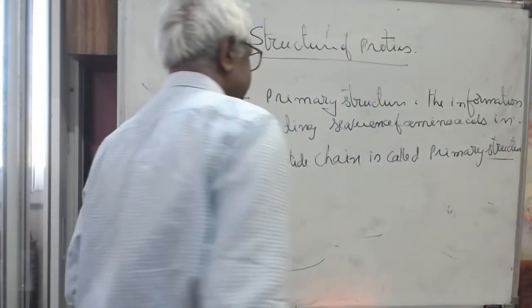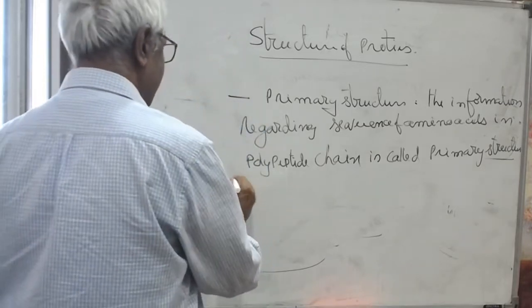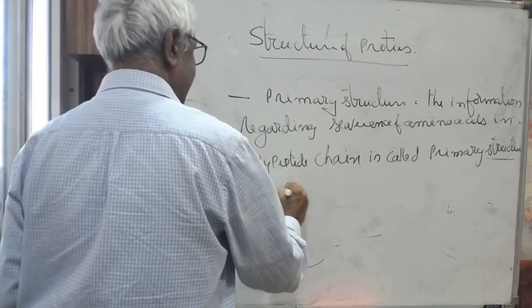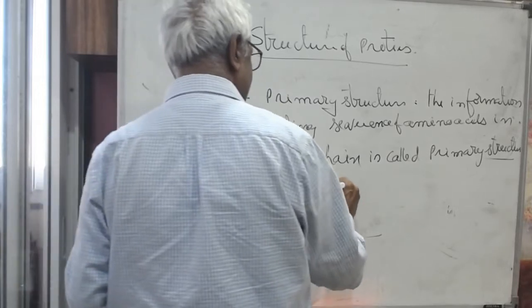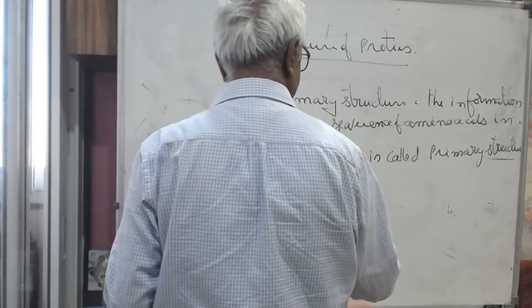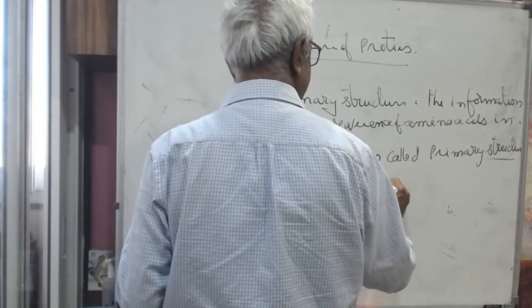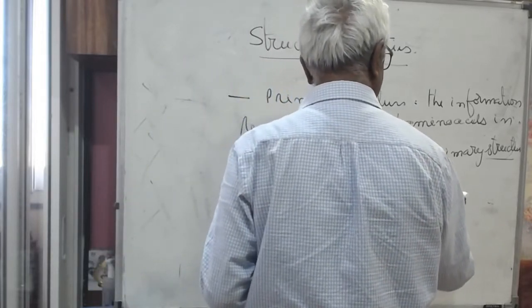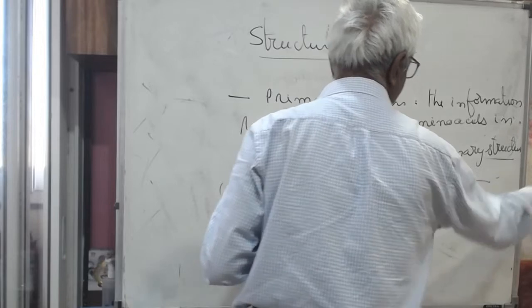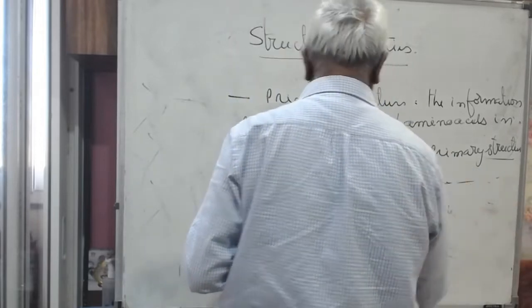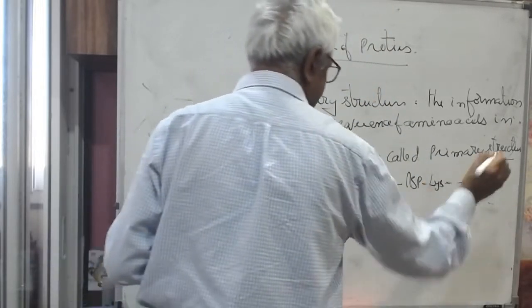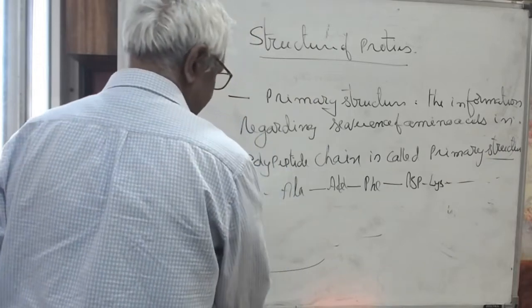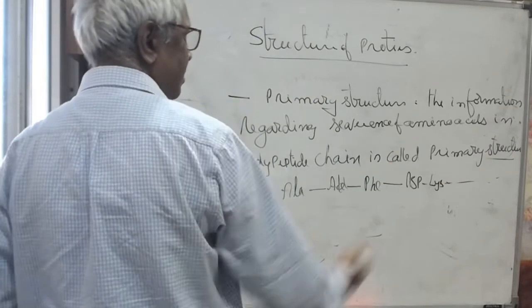is called primary structure. That means GLY, ALA, maybe ALA again, PHE, or maybe ASP and LYS, whatever sequence they have. The information regarding the sequence of amino acids present in the chain.